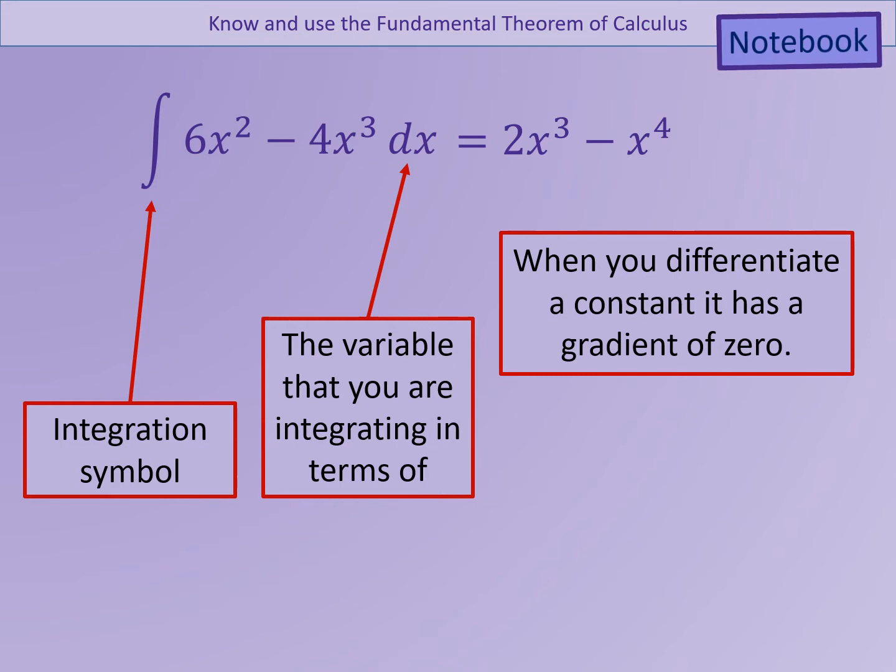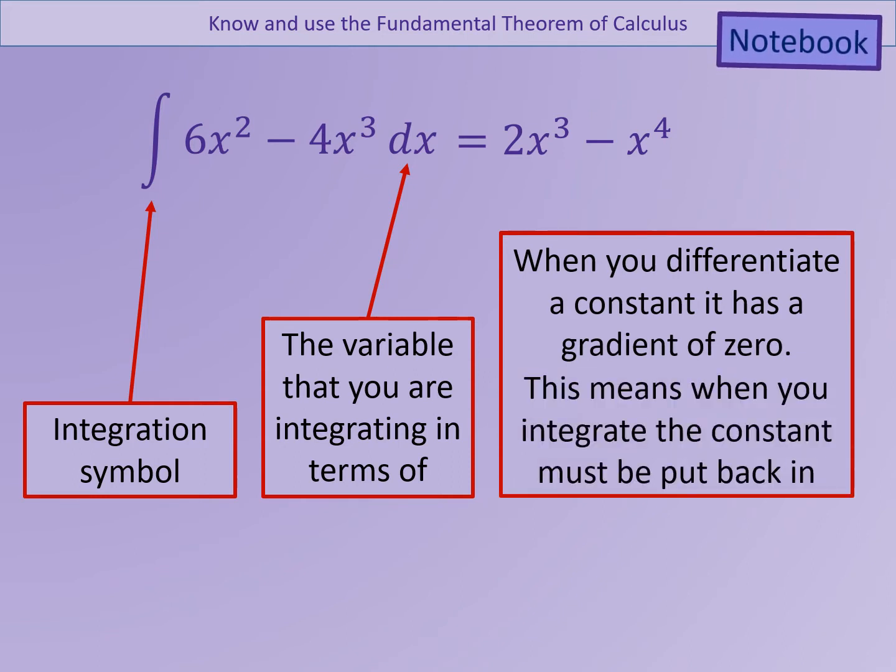We have to be a little bit careful when we're integrating as opposed to when we're differentiating. Because remember, if I had a constant on the end of this answer, if I was to differentiate that constant, it would disappear to 0. So when I am reversing the process and I am integrating, I need to put that constant of integration back in again.